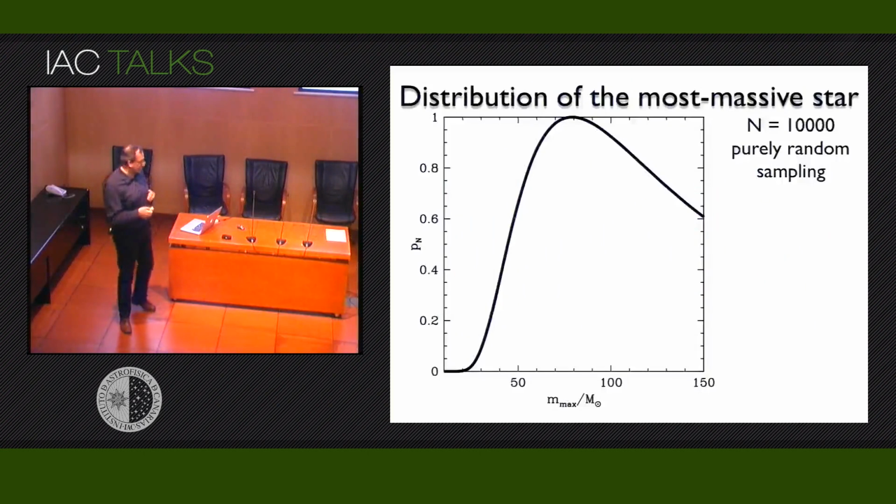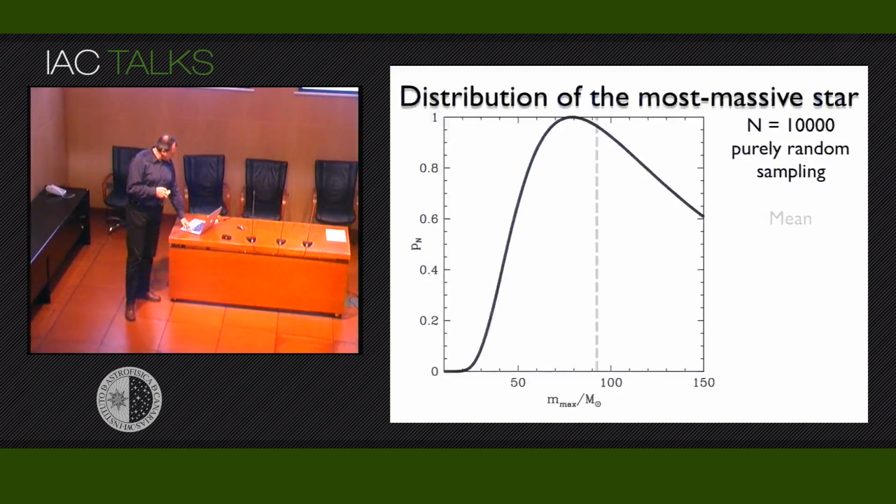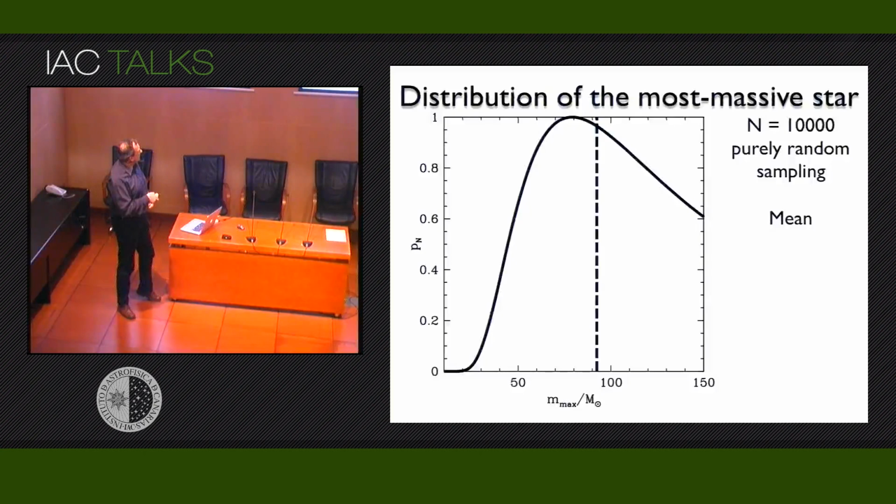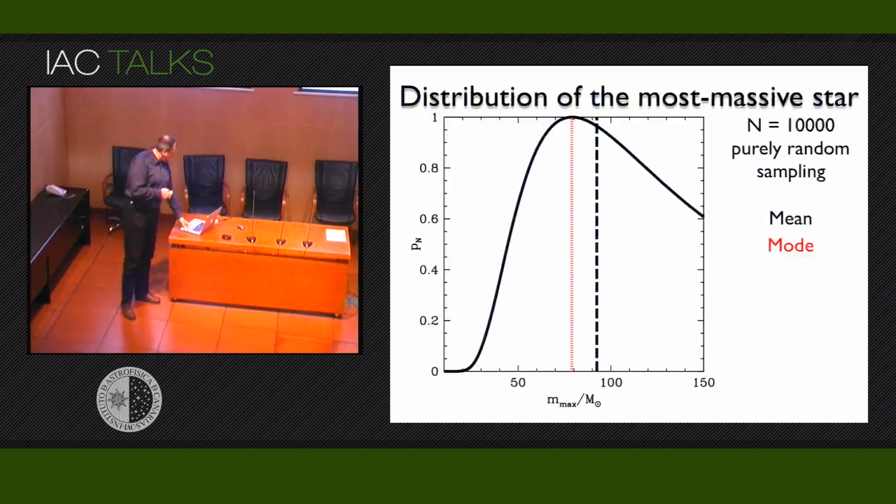But the question is, is this effect strong enough to make a measurable difference? And here we have to look a little bit into statistics, because the IMF is a very non-symmetric distribution. And if we want to look at the most massive stars, we have to consider that the distribution of the most massive star, as shown here, is also non-symmetric, which leads to the fact that, for example, the mean of this distribution is not very descriptive.